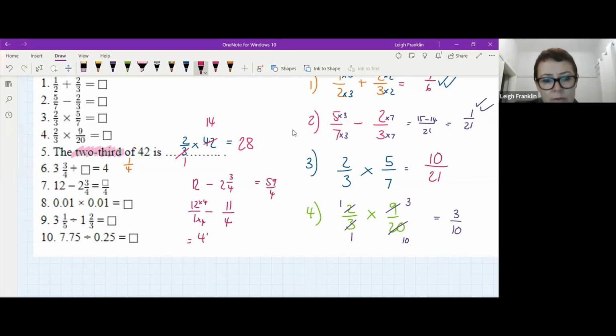And that would give us 48 minus 11, over 4, which means we would actually end up with 37/4 as our answer. Okay, so Toluana, you added instead of subtracted. Okay, it's not the end. It's okay. No worries. It's not the end of the world. Okay, I hope that makes sense to everybody.